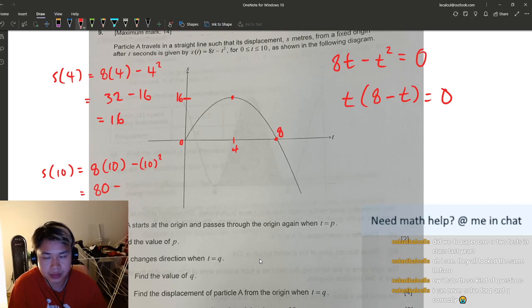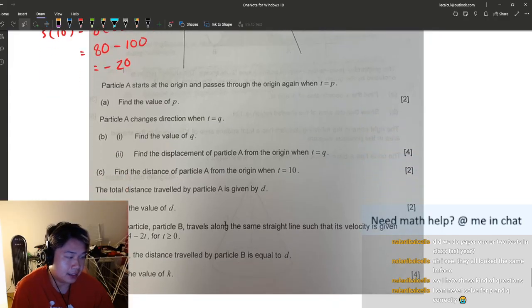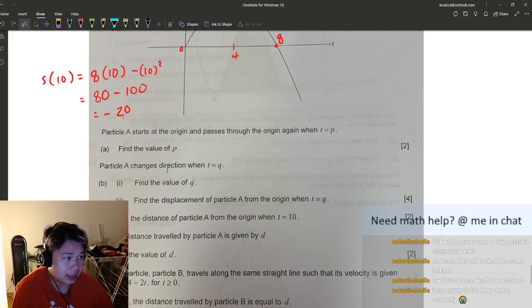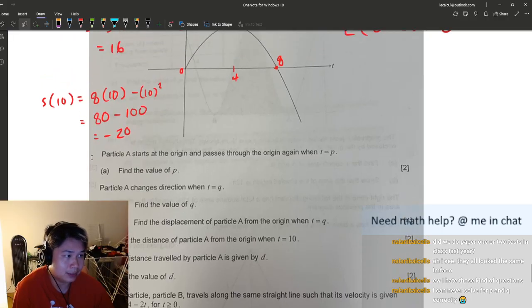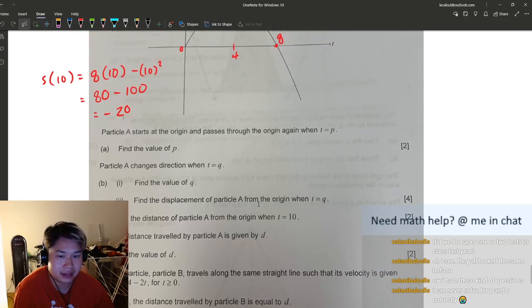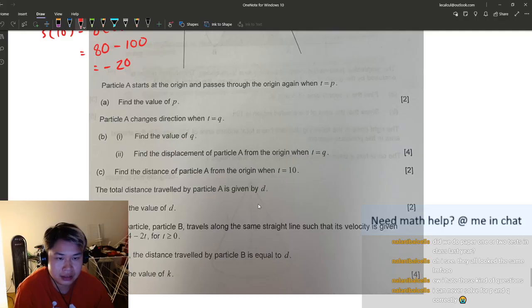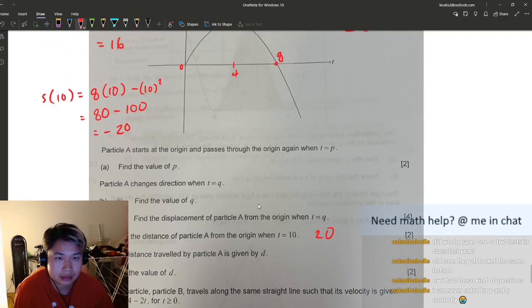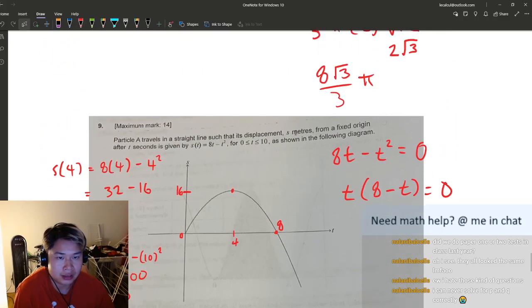So 80 minus 100 is negative 20. I guess this is why they're asking this, to test if you know the difference between displacement and distance. Displacement has a direction, so the displacement at 10 seconds is negative 20. The distance is just the absolute value of this. So the distance is 20 meters.